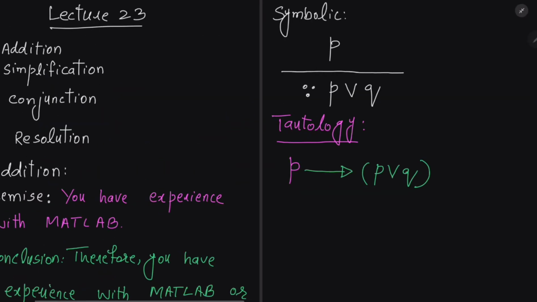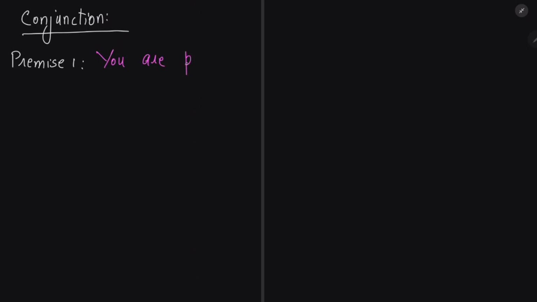The next thing left is the conjunction. We take an example of conjunction. So we start with premise 1: you are proficient in MATLAB.